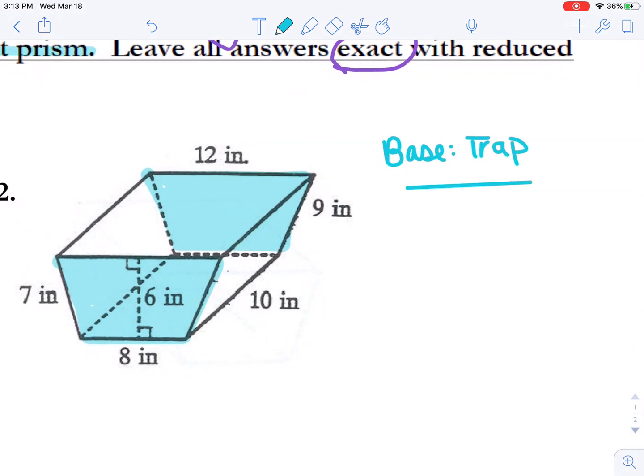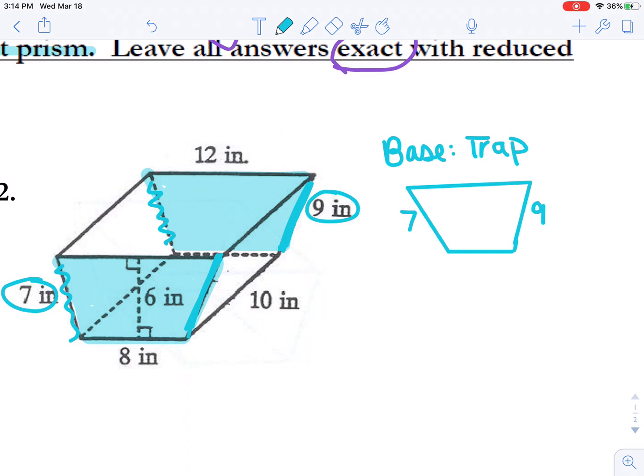If I draw them in the same way that they appear in the diagram, it doesn't look like it's an isosceles trapezoid because the 2 legs are 9 and 7. So the 9 over here, the 7 over here, remember the bases are congruent. So those 2 are both 9, these 2 are both 7. And then this top base and bottom base, these would be the parallel sides.